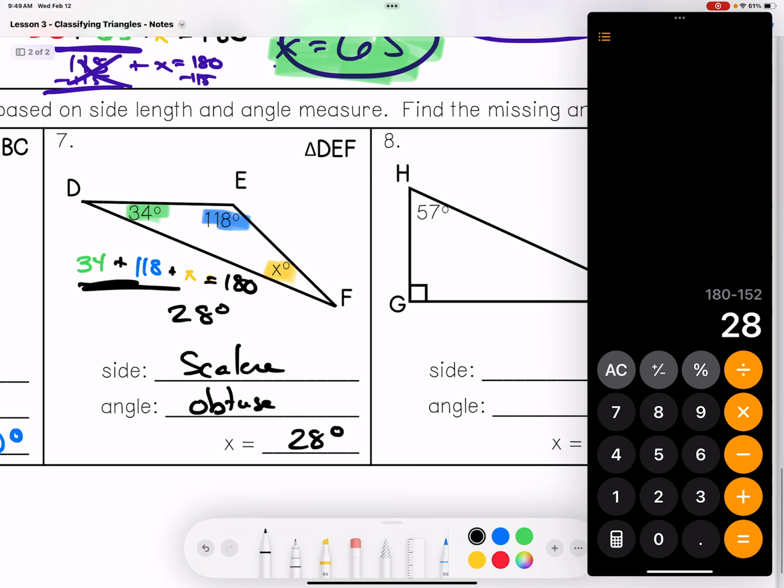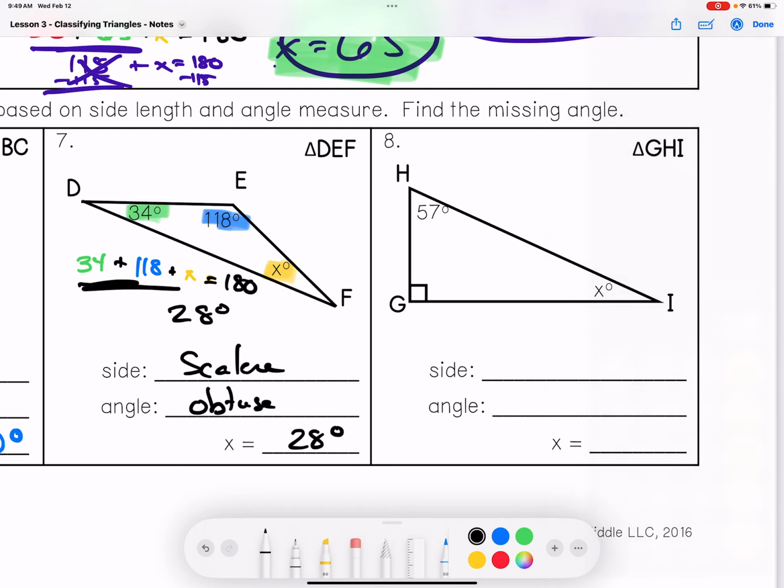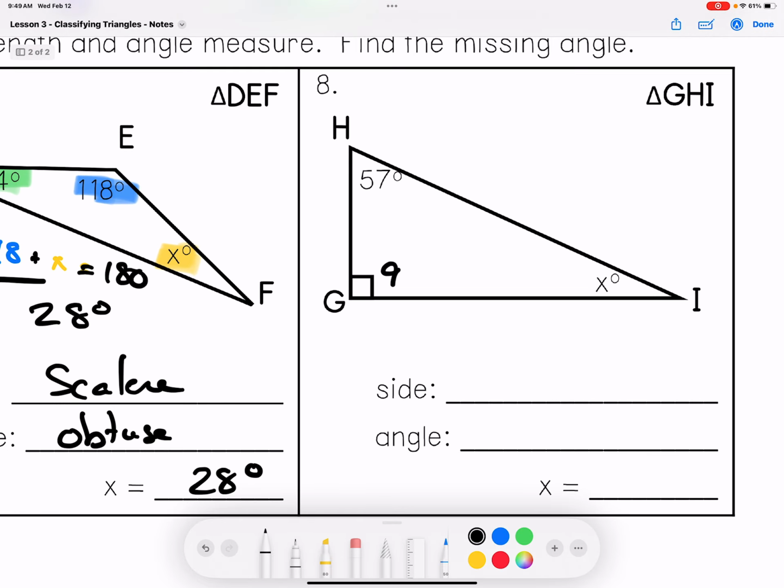All right, last one. Praise the Lord. Amen. All right. We know this one is 90. How do we know that? Because that little box right there. We know that one's 90. We know that's 57, and we're looking for the missing one. So it's the same process as earlier. 90 plus 57 plus x.